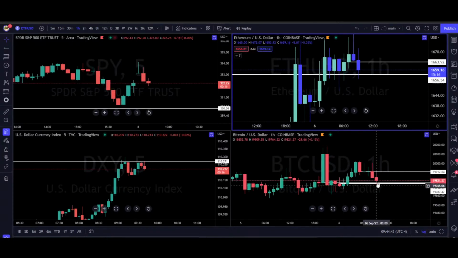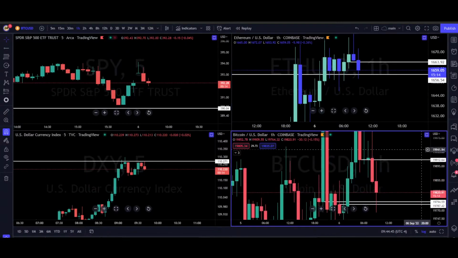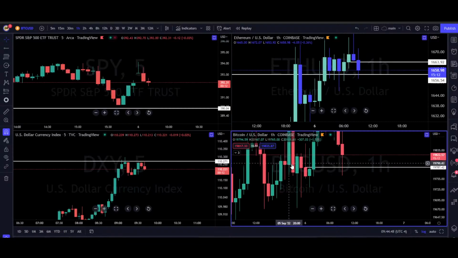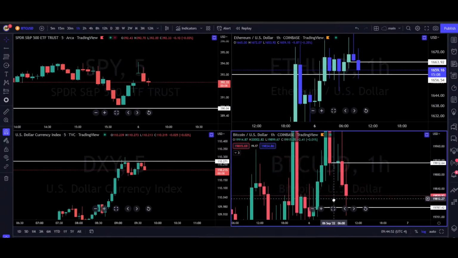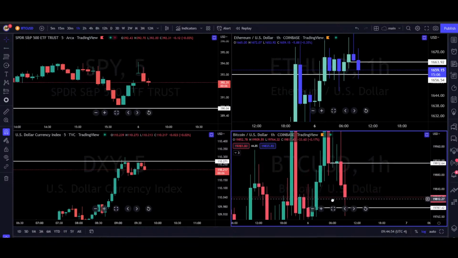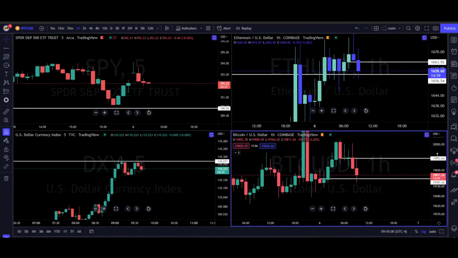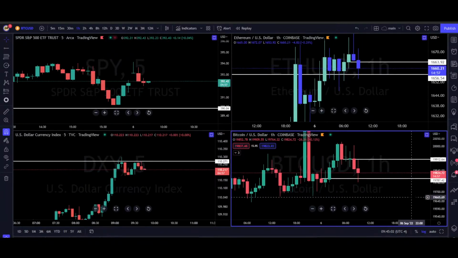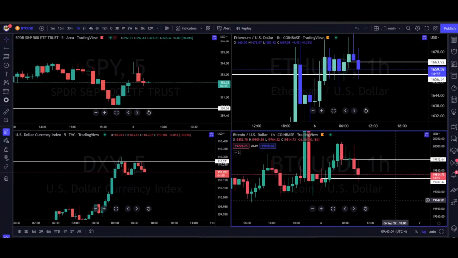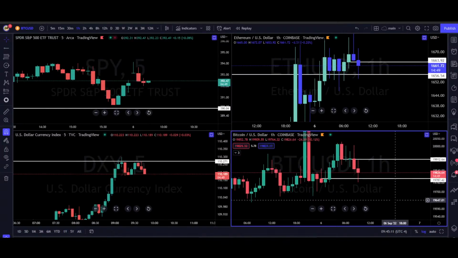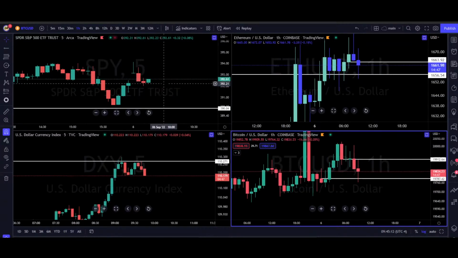So Bitcoin traded right down to the open of the day as well as hourly demand. We know this is demand because you put in the bearish close and then shortly after got that reaction. So as long as you're not closing hourlies below that, it could still go to the upside. It just doesn't look good as of right now. But you still got a full 8 hours of trade coming at you.